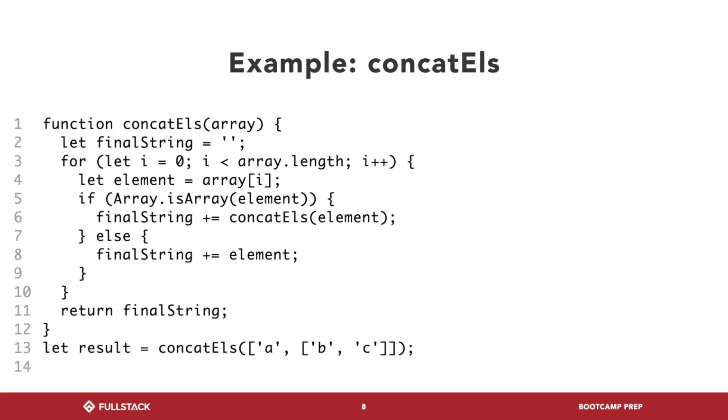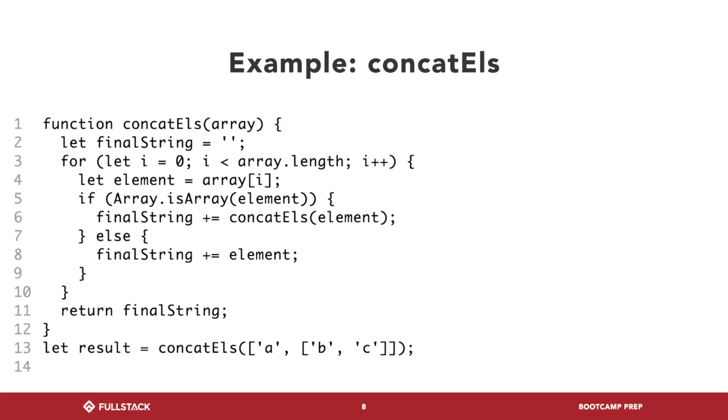We have a for loop here that iterates through the array of elements. And once again, we're doing a very similar process: for each element, if the element is an array, let's do one thing. If it's not an array, let's just do what we did before, which is plus-equals the element to the final string. And at the end of it, we return the final string.